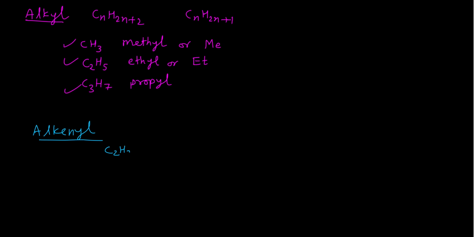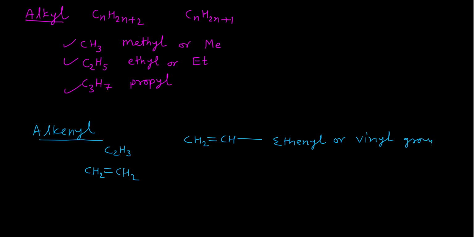Basically the structure of ethene was CH2 double bond CH2, and if you remove one hydrogen, you will get CH2 double bond CH, but one valency of this carbon is free. So this group is called ethenyl or ethinyl, or sometimes in common name it is known as vinyl group also. It is important you should know what vinyl is. Vinyl is basically one hydrogen less in the alkene ethene or ethylene.